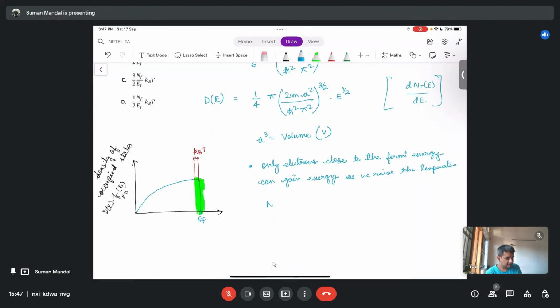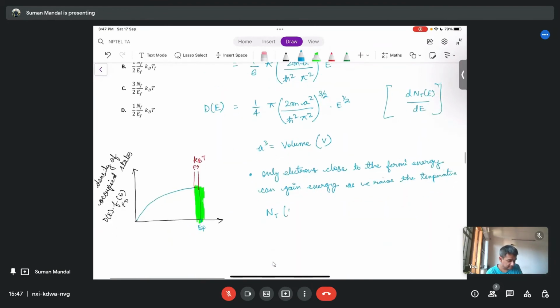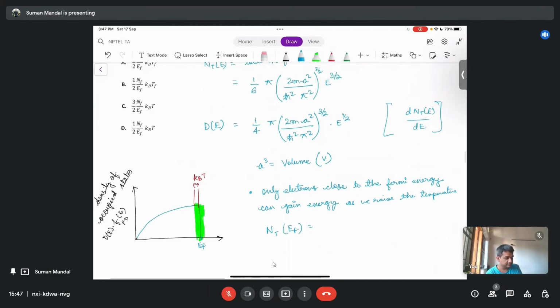So we can write the total number of states till the Fermi energy. Same expression, we just replace E by EF. And we can take it per unit volume.